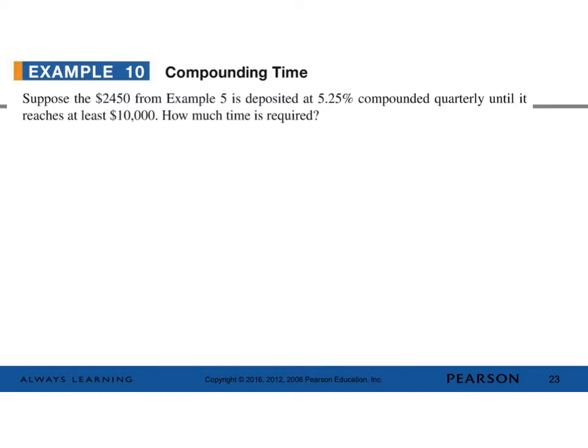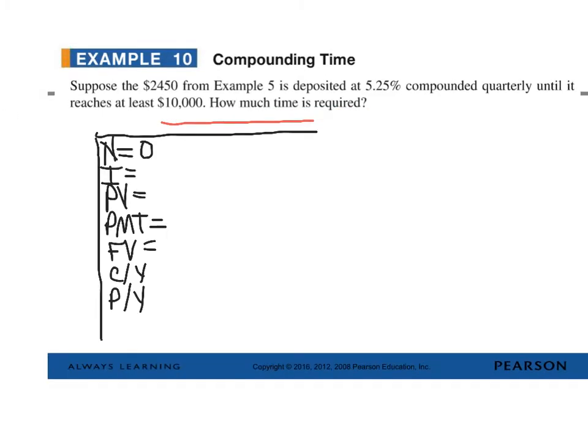Now, the TVM solver can also be used to find how much time is required to achieve a certain amount of money. So in this particular case, going once again to the TVM solver, in this situation, we can still use the TVM solver.